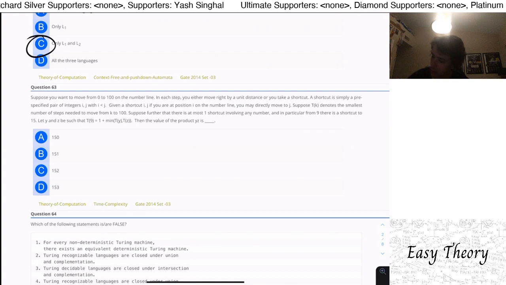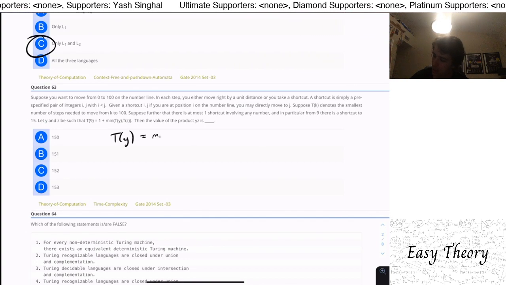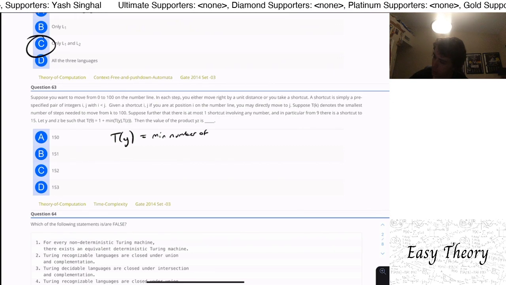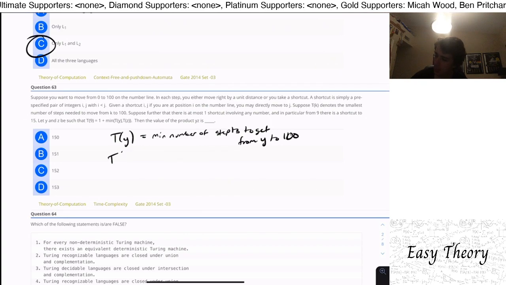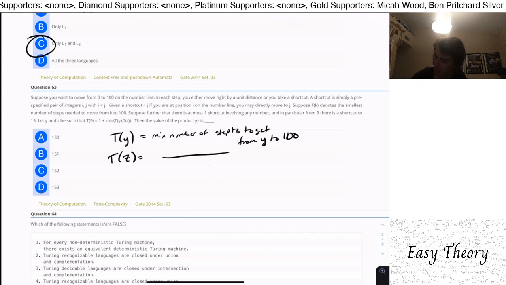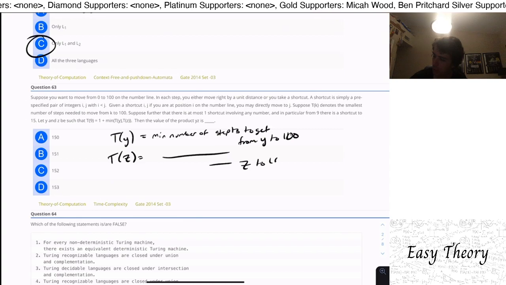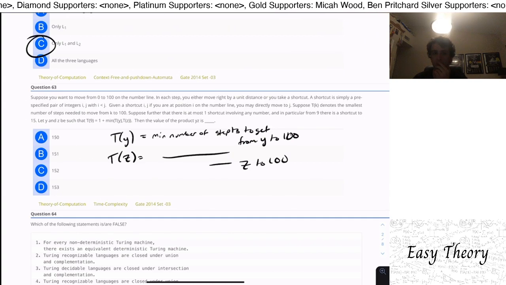Okay. So T of Y is the min number of steps to get from Y to 100, and T of Z is the same thing from Z to 100. Let's see.